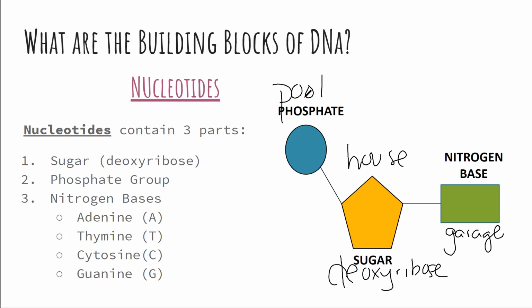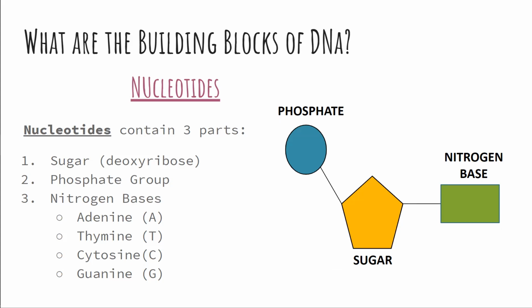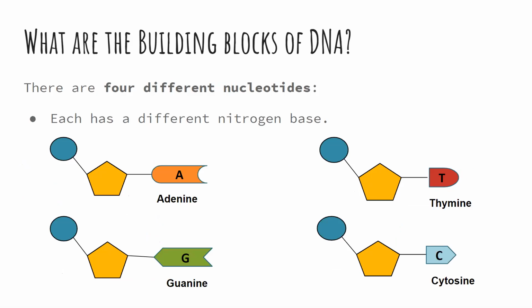So there are four different kinds of DNA nucleotides: a phosphate sugar adenine, a phosphate sugar thymine, a phosphate sugar guanine, or a phosphate sugar cytosine. The only parts of a DNA nucleotide that ever change are the nitrogen bases.